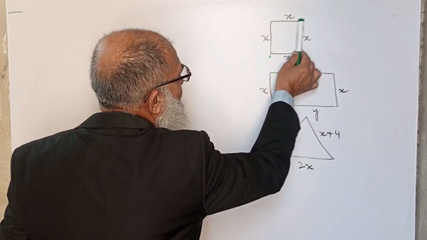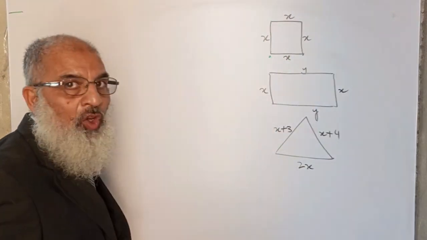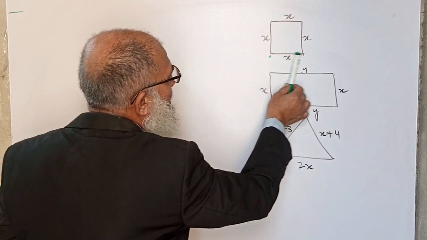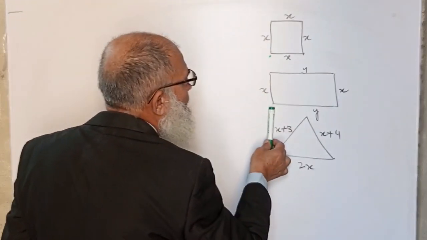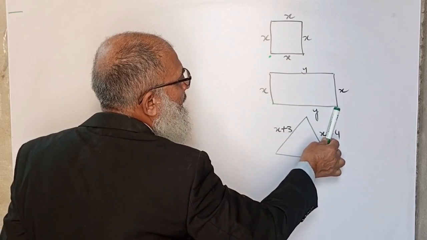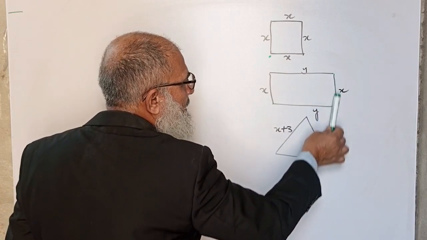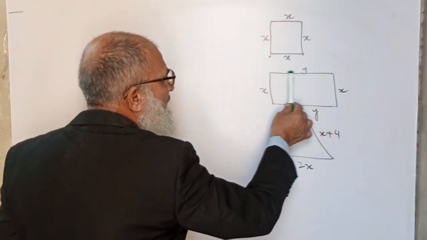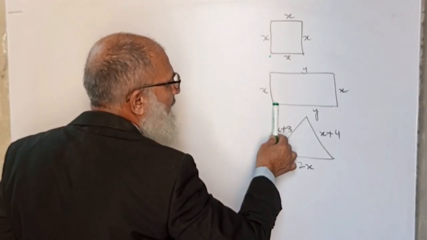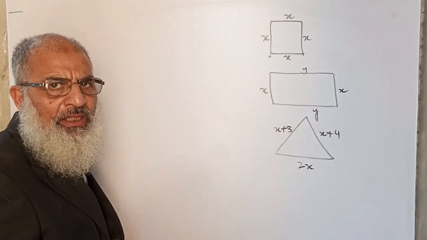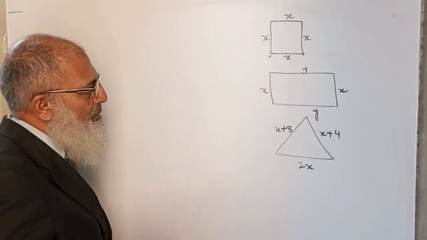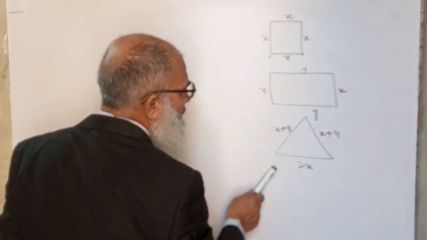All the distance you have covered is called the perimeter. Similarly, in this case, if you are standing here, then you start the journey through x, then y, then x, and then y, and come back to your initial position. That means you have covered the perimeter.